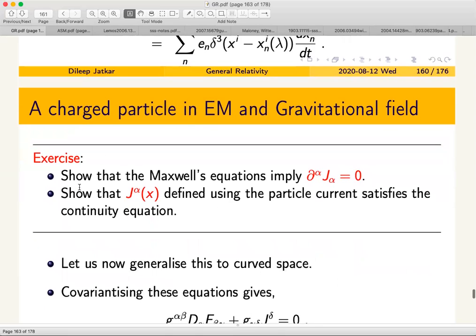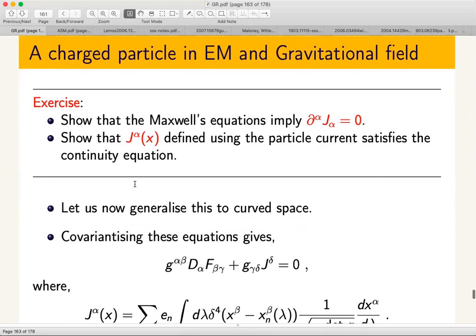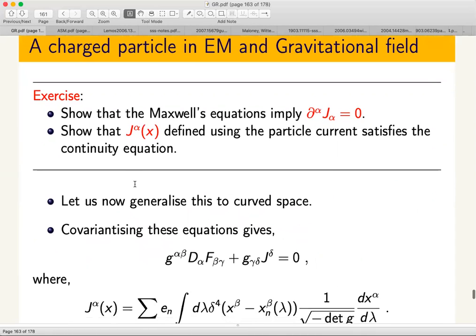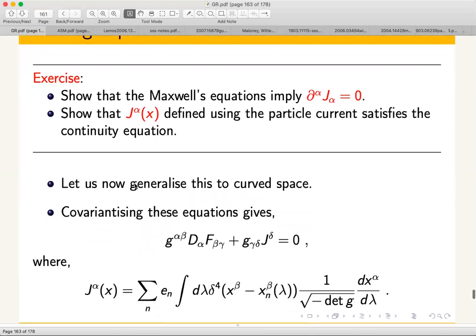So this is just a few line calculation, but it is instructive. It will be useful later. In fact, we will have a similar equation for the energy momentum tensor soon, and that also I have left as an exercise. But if you know this, then the energy momentum equation is roughly the same length calculation and the same argument essentially.